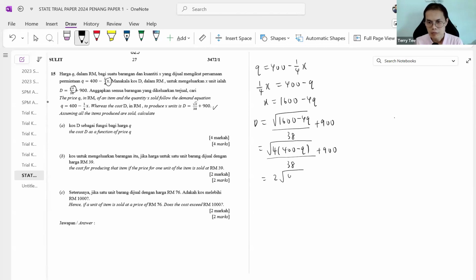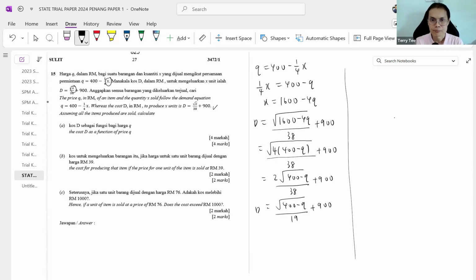This is 2 times square root of (400 minus Q), divide by 38, plus 900. 2 divided by 38 is 1 over 19, right? Then you plus 900. Okay, it's not difficult, right? So you got your D in terms of Q. So this is part A.